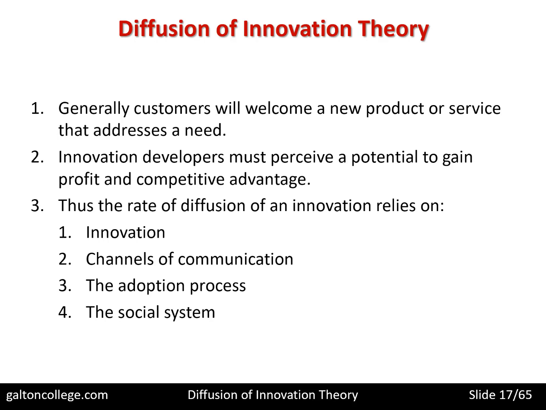They want to do things the old ways. So social systems will also influence the adoption rate, and no matter what the channels of communication are, or no matter what the innovation is, if the society is very traditional, then the product will not be adopted very quickly or very widely.